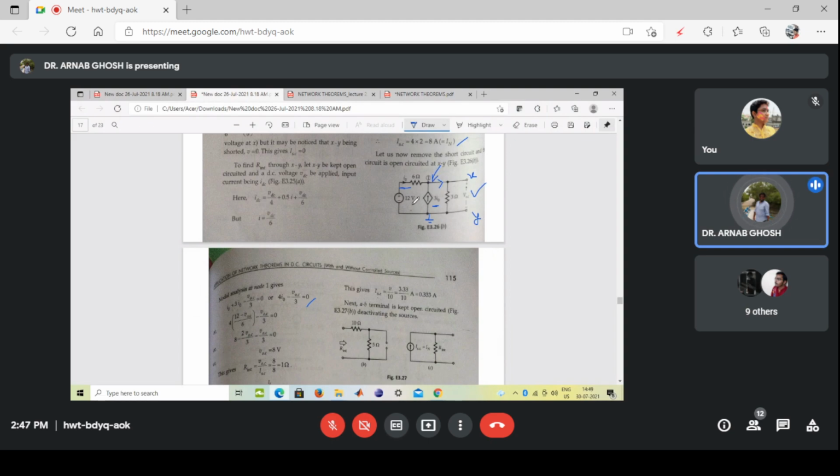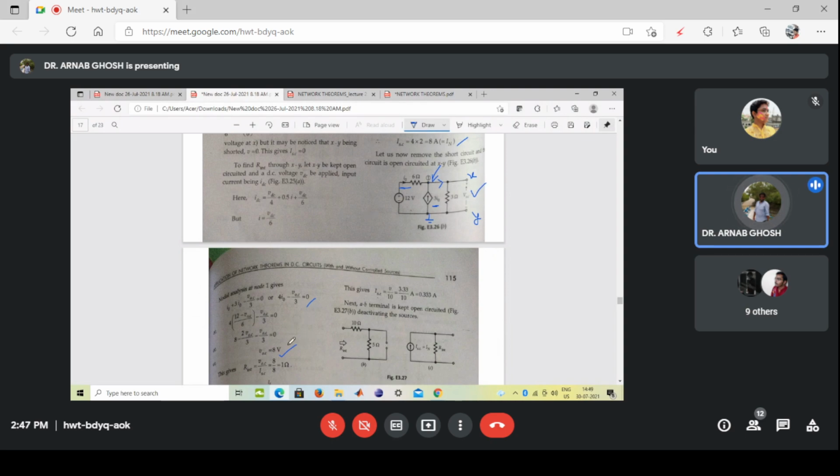So you have applied the node equation here: I0 plus 3I0 minus VOC by 3. What is I0? I0 is 12 minus terminal voltage VOC, divided by 6. From this, you calculate VOC.